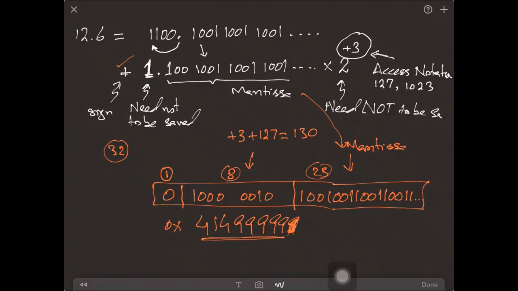Now after having seen how the numbers are stored using the 32-bit floating point IEEE 754 standard, let us see the max and min values. Let's see the ranges.